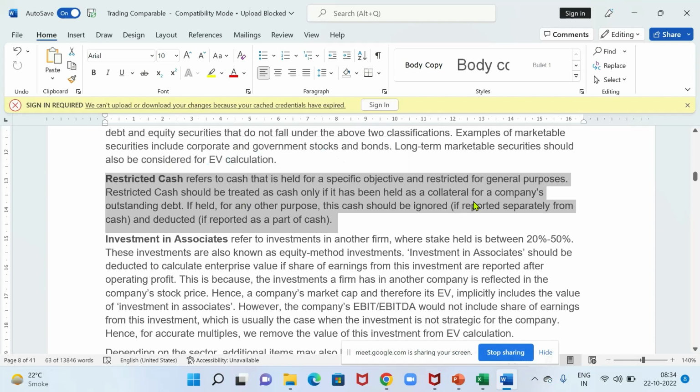So that has been parked, just like when you go to a bank to take a locker facility, the bank will say that you have to enter into a fixed deposit, and that interest will be used to pay the locker rent. Suppose you miss paying the rent on the locker, they will just subtract it from that restricted cash.